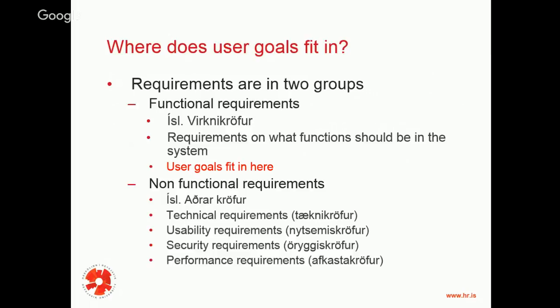The user goals are often the fundamental of the requirements of what functions should be in the system, because we have to have functions to support the goals. And then we have other requirements which are non-functional, which could be that usability should be easy and fast, and the user shouldn't have any problem.